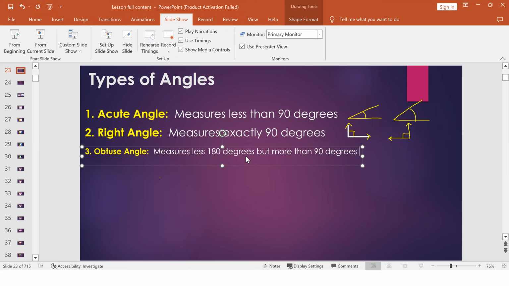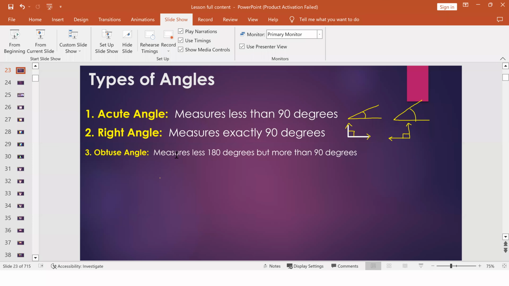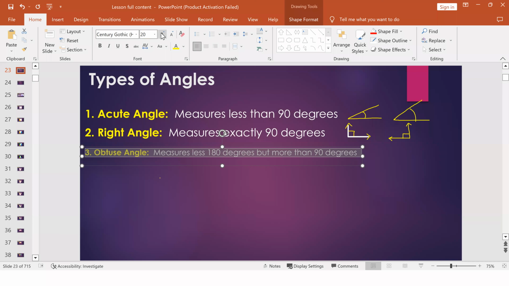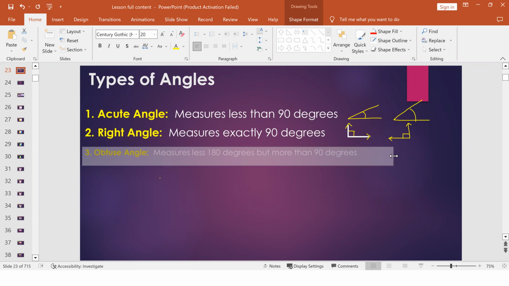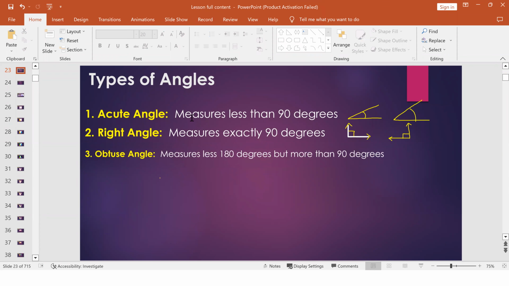Less than 180 degrees, but more than 90 degrees. That's an obtuse angle. So how would it look? It's going to be bigger than 90, but less than 180 degrees. Let me show you some examples of obtuse angles.